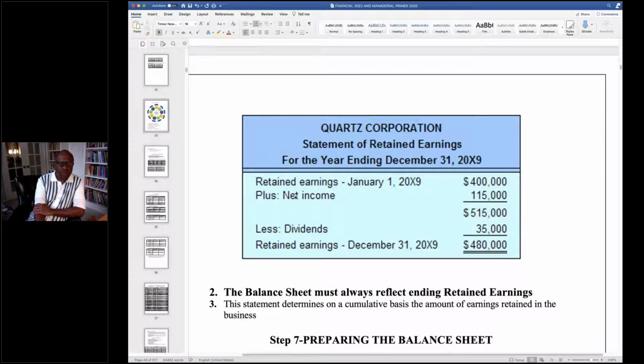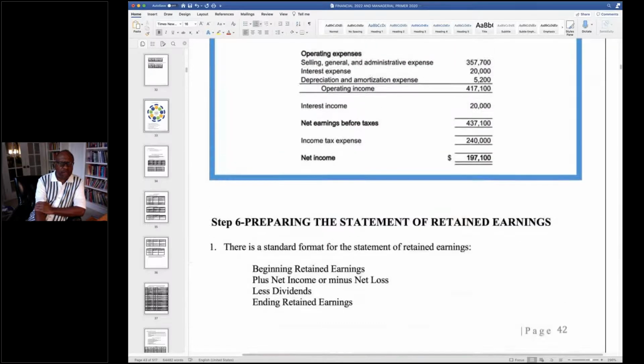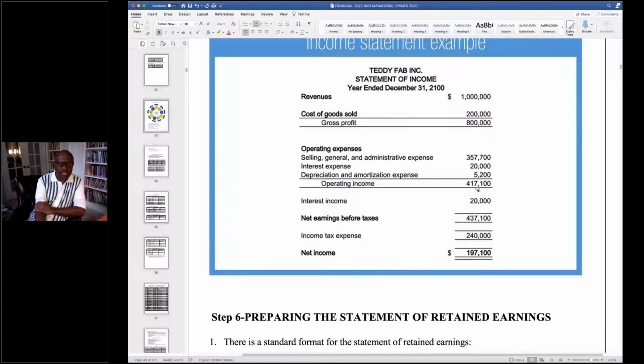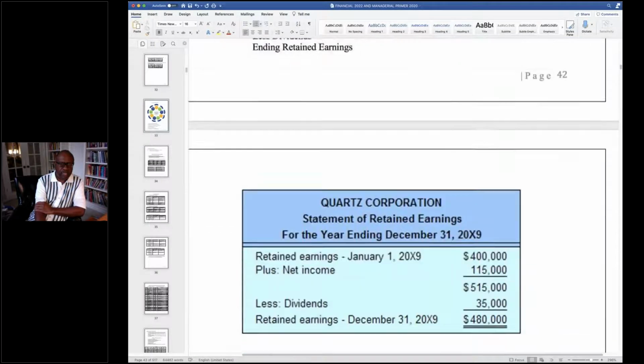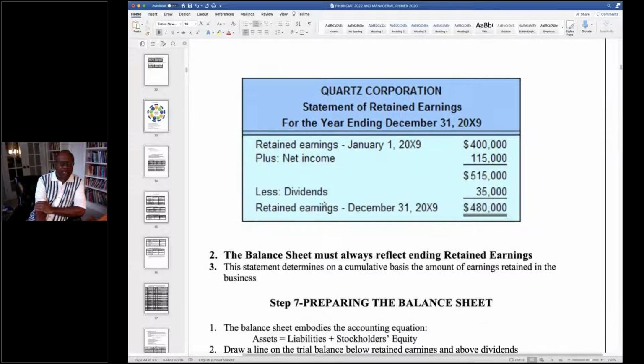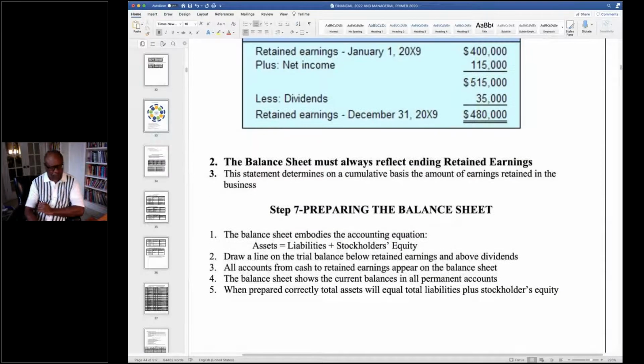Retained earnings plus the net income. I want you to adjust it so you've got a subtotal in here in the future, less dividends to give you ending retained earnings. So I've told you two things to do. I've told you that you need to plan to adjust that income statement template and put in a line for the income taxes. And then I've told you to put a subtotal line in as you're doing retained earnings.